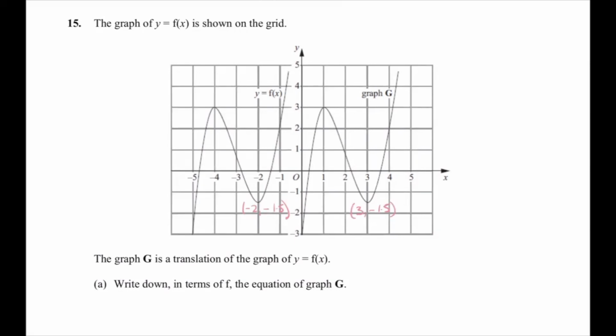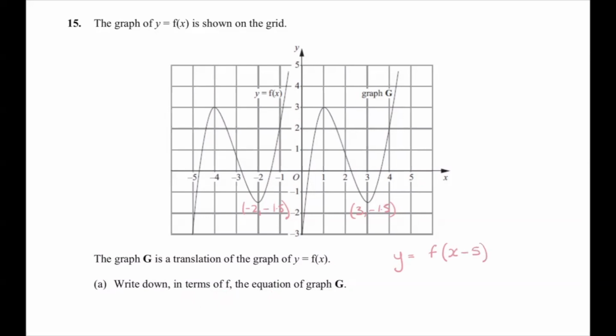Now, if it's the x coordinate that's being affected, then the way that you're going to represent the equation in terms of f requires you to make sure that you're in with the x. And I'll show you what I mean by that by doing the opposite in a moment. So we would have y equals f of x minus 5.